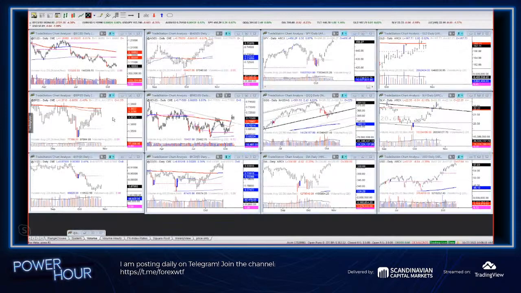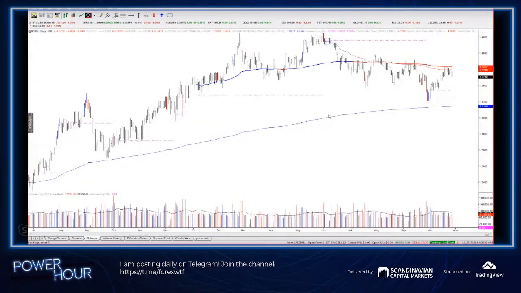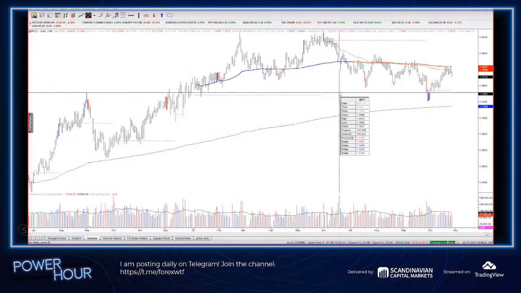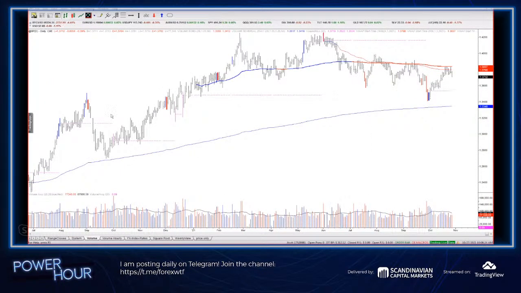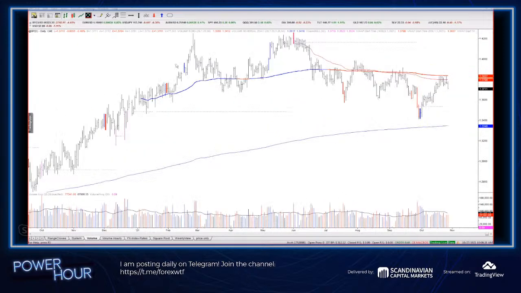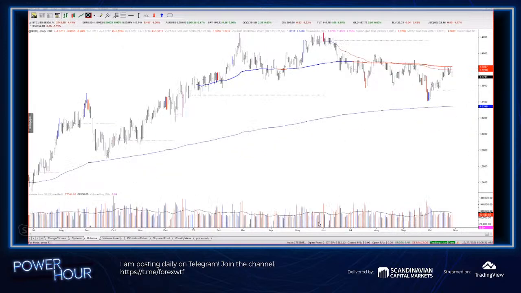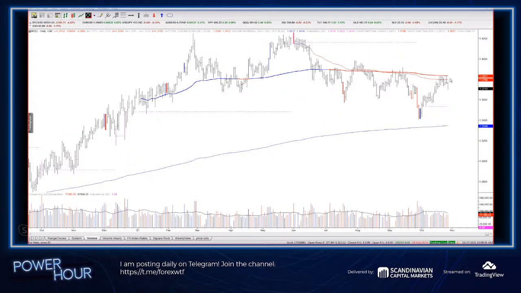Something else I want to highlight here: these are futures charts. I trade spot, but I include this in my analysis because of the volume, since we have a centralized exchange in order to study the volume. And these lines you see here are anchored volume weighted average price.